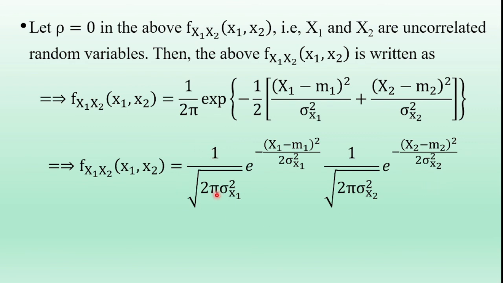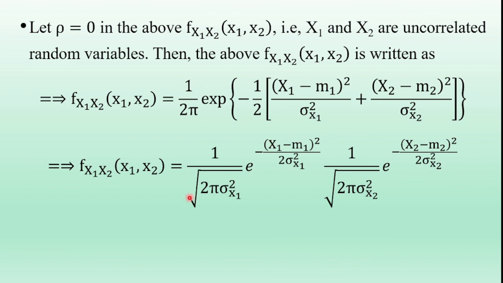Multiplying this term and this term, we get 1 by 2 pi, and this is the exponential term. E power of this term is written as e power of this term into e power of this term, since e power a plus b is written as e power a into e power b.